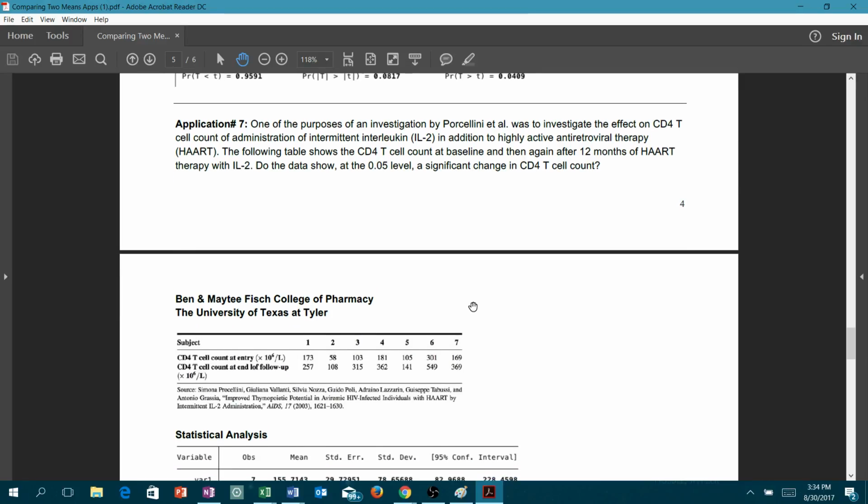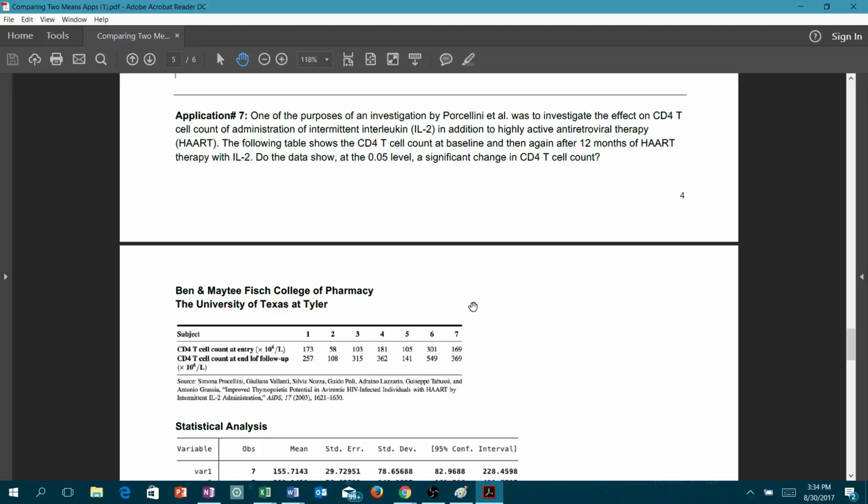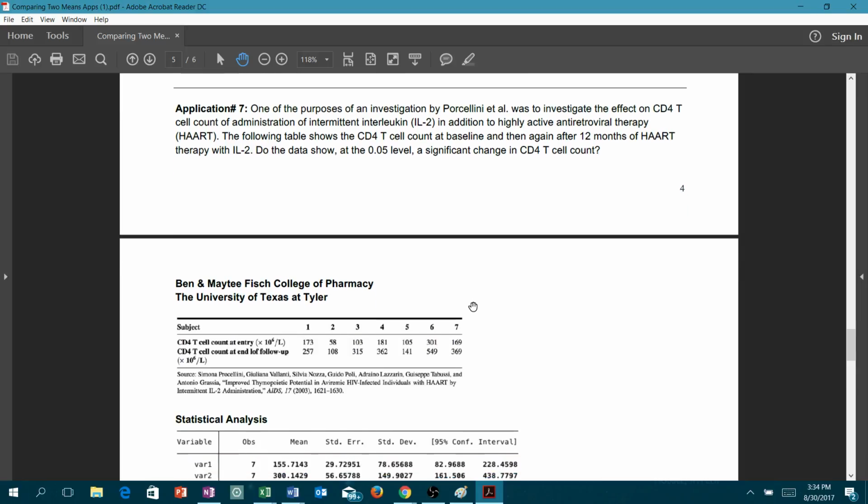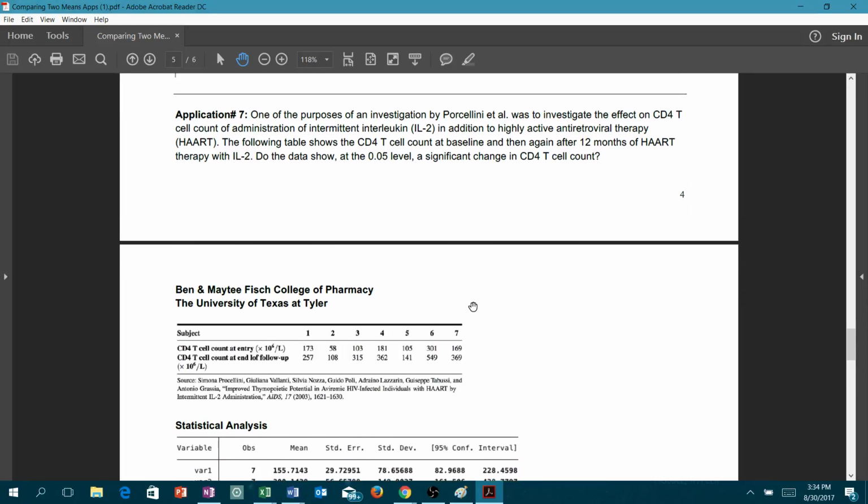On 7, did y'all put independent? No, I think it's dependent. Like two different groups? It looks like CD4 cells are part of both groups, because they're part of before and then follow up. It's the same group though, right?